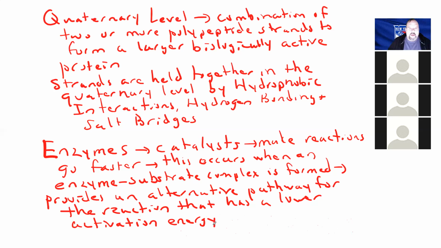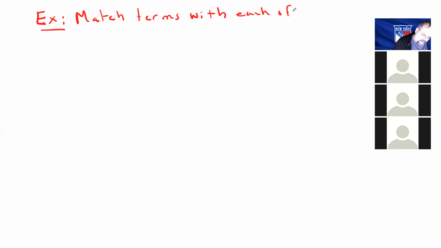Okay. All right. So let's take a look at an example, and this will lead us to discussing some other parts of enzymes. Match the terms with each of the following.